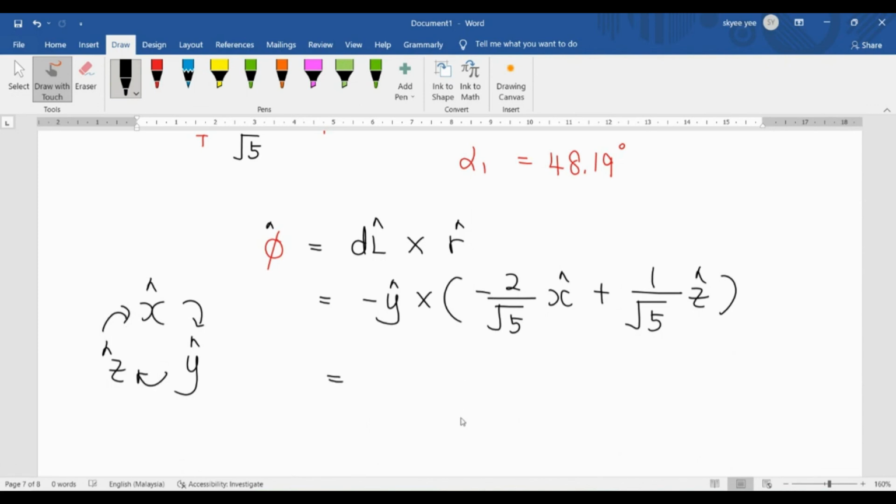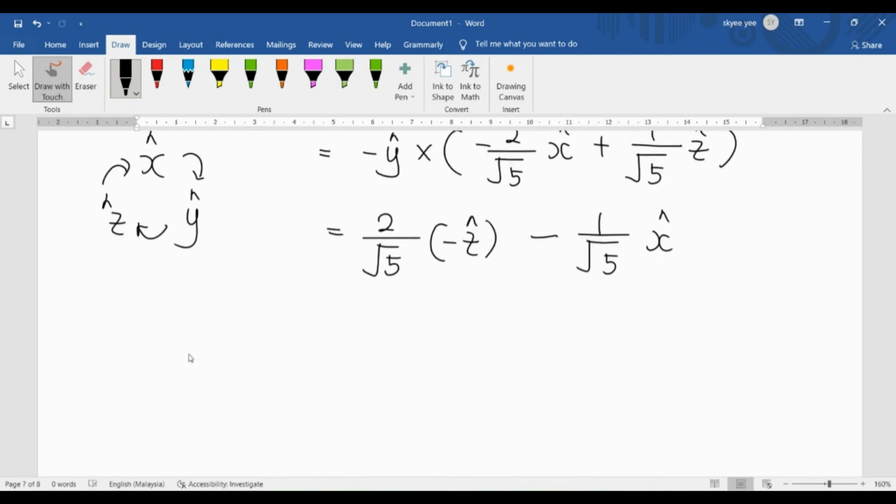Negative negative will give you positive. So yx gives you negative z because in the reverse direction. Plus you have a negative here, so it becomes negative yz, and yz gives you positive x.